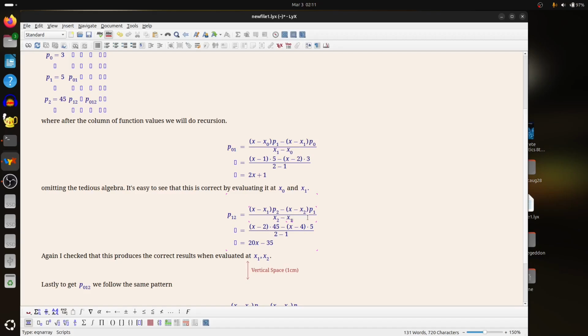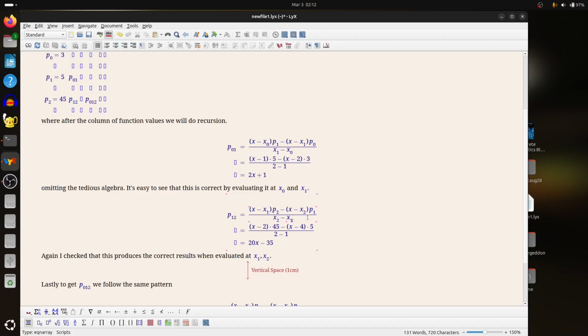X minus x1 is x minus 2. X minus x2 is x minus 4. That's correct. P2 is 45, and P1 is 5. Bottom of the fraction should be x2 minus x1.